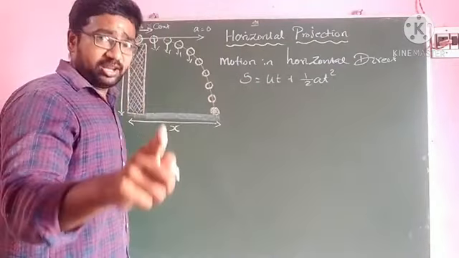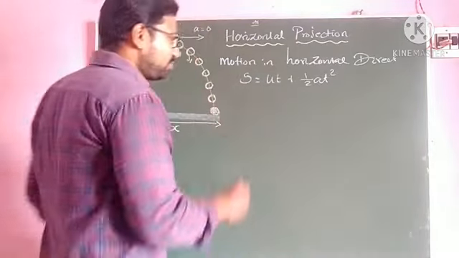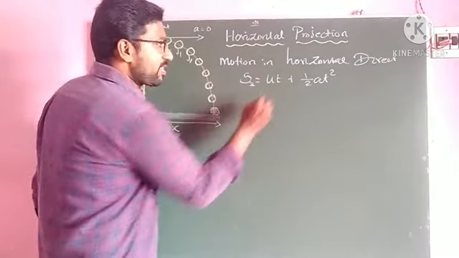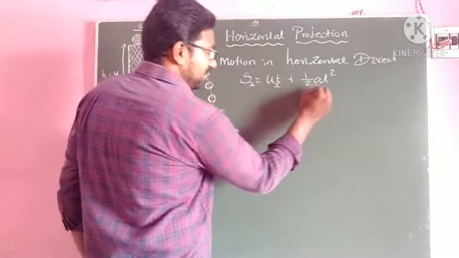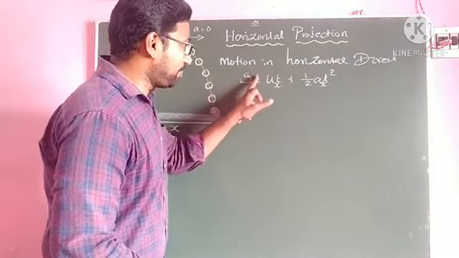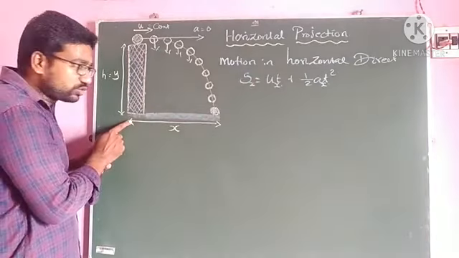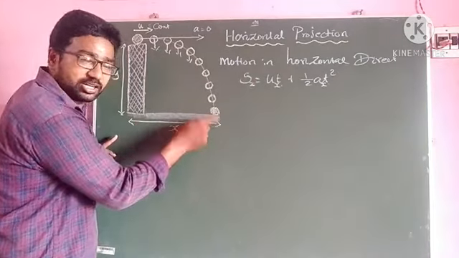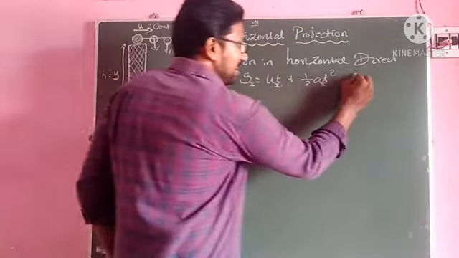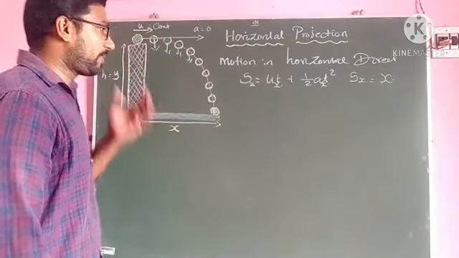Now we find the displacement in the horizontal direction, so I fix the suffix x: sx, ux, and ax. Here sx represents the horizontal displacement from the foot of the tower to where the projectile hits the ground, so sx can be taken as x. Am I right? Good.